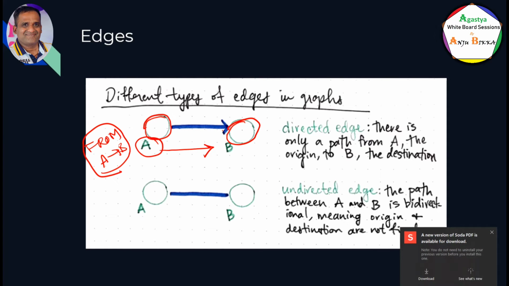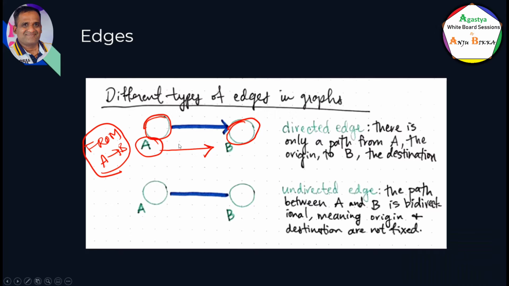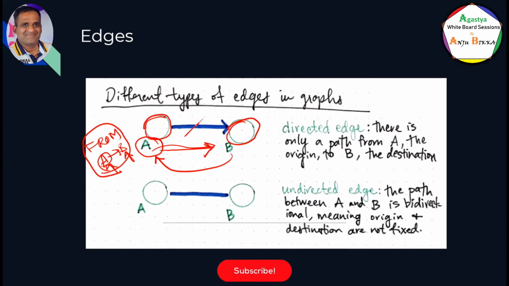In a directed edge, A is called the origin and B is called the destination. We can travel from A to B, but we can't travel from B to A. So that is called a directed edge, and we represent it like this.